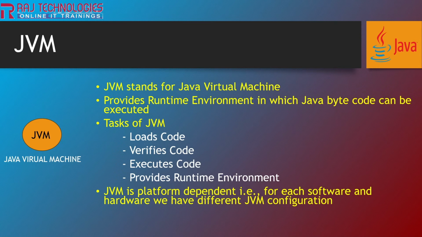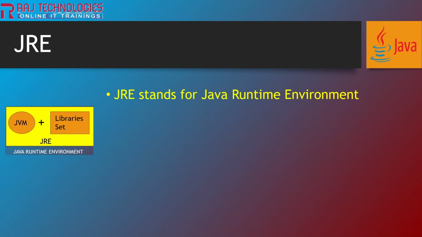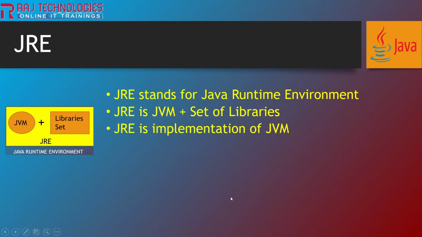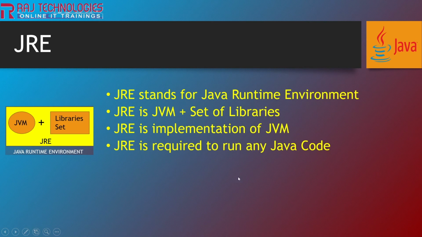Moving to the next one, JRE. So what is this JRE? Java Runtime Environment. It comes with JVM plus library set. JRE is JVM plus a set of libraries. JRE is the implementation of JVM, and JRE is required to run any Java code. Whenever you want to run any Java code, we require JRE.